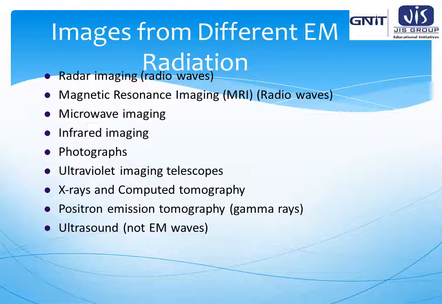Then there is microwave imaging, then infrared imaging, then photographs, then ultraviolet imaging, telescopes, X-rays and computed tomography, positron emission tomography, that is gamma rays, and ultrasound, and this ultrasound is not EM waves. So these are the different examples of images from different EM radiation.